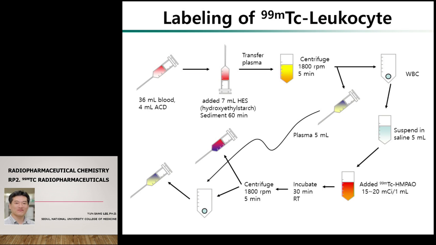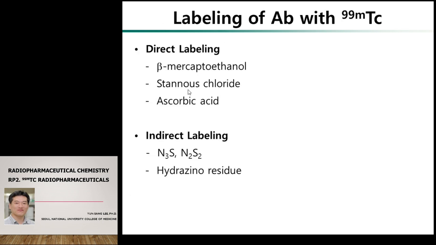Earlier, we tried antibody labeling for technetium 99m. Sometimes we could directly reduce the SS bond in the antibody, and sometimes we could connect a bifunctional chelating agent to the antibody to label the technetium 99m.